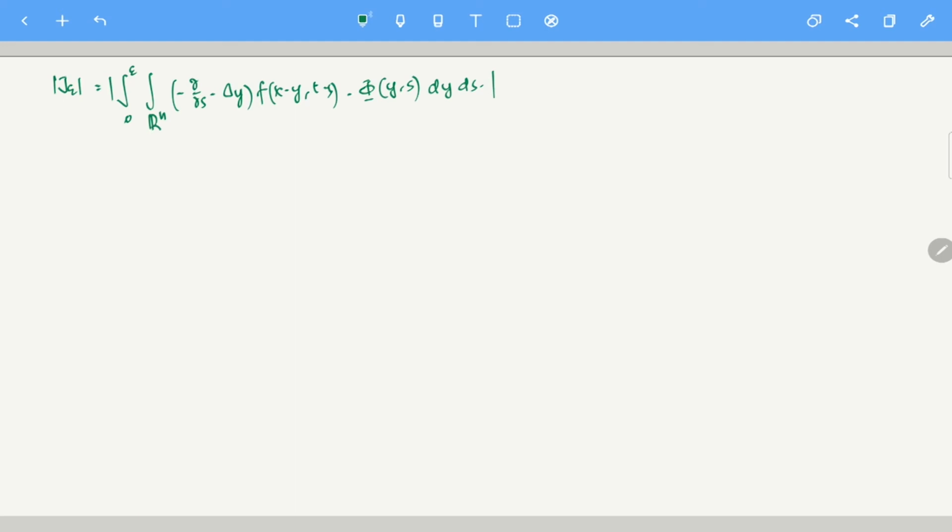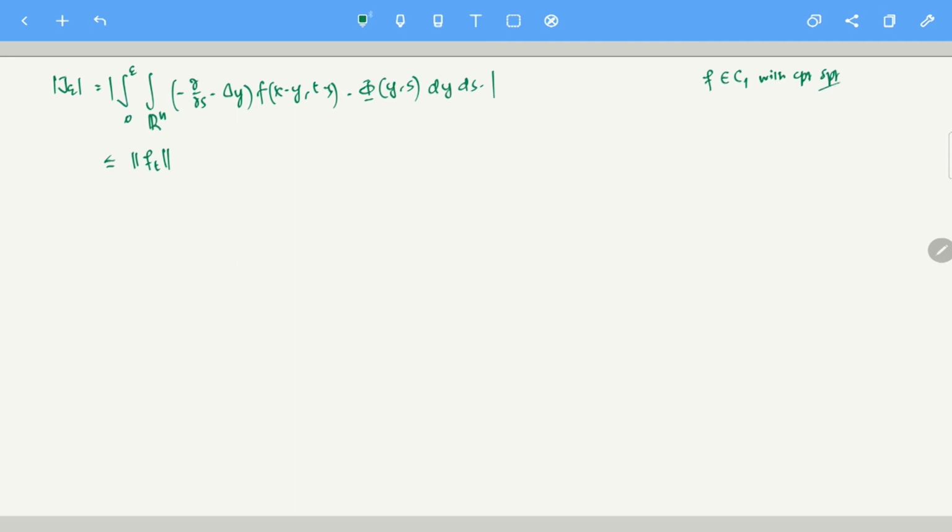I want to make this as small as possible. So let me write it down and then I will explain. Then I want you to think about why we can do this. What I am doing is taking the maximum of f_t. I know that f_t is bounded. Why? Because f is twice differentiable with respect to the t variable with compact support.